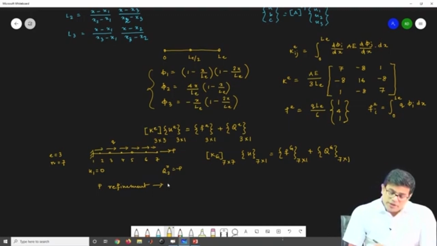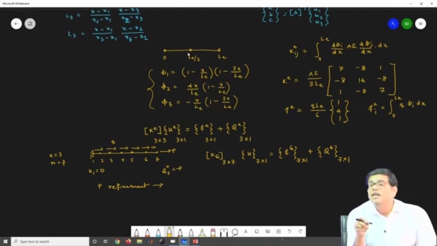So one important thing here that I wanted to mention is that this node need not be at the center of the element; it can be any point. In case of crack simulation and other problems, we don't use a mid-node element.